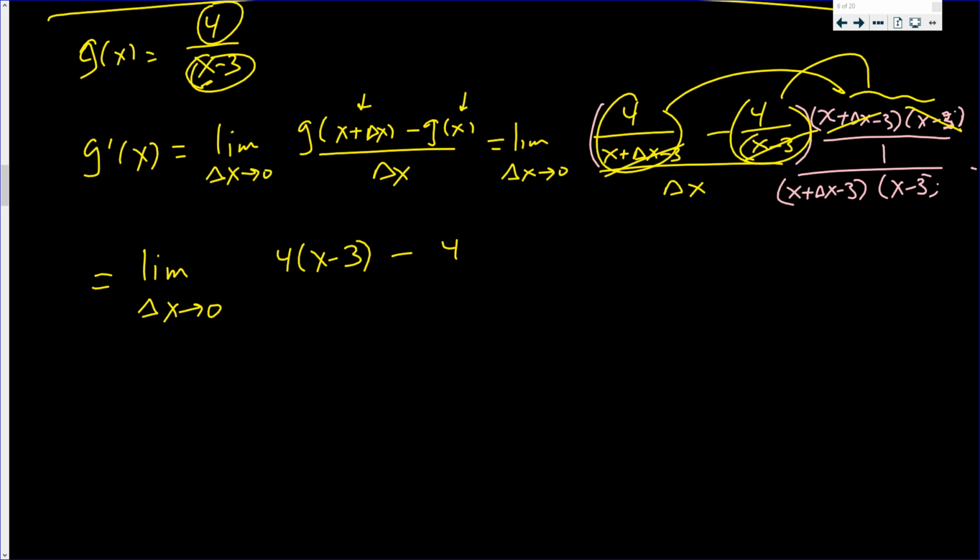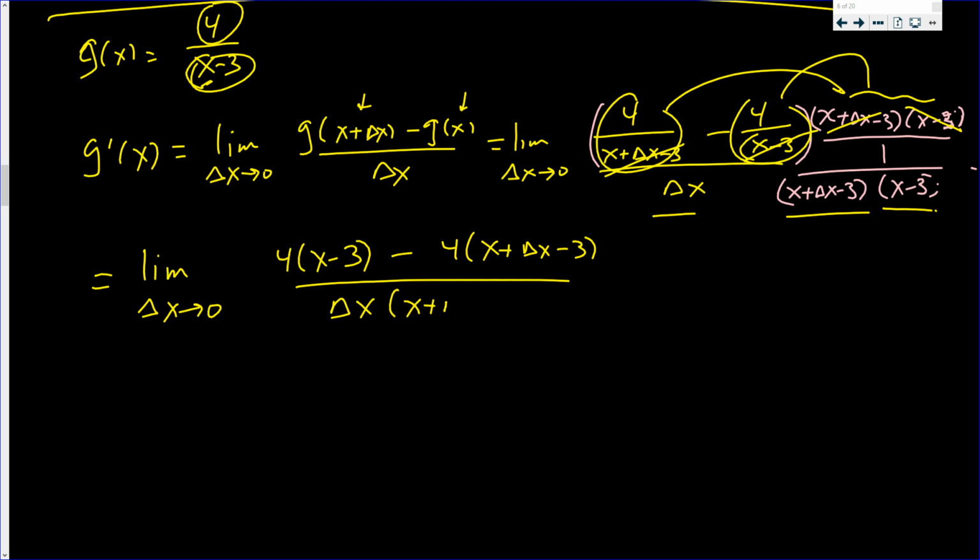So I'm left with 4 times x plus delta x minus 3. All over this times that. Delta x times x plus delta x minus 3 times x minus 3.